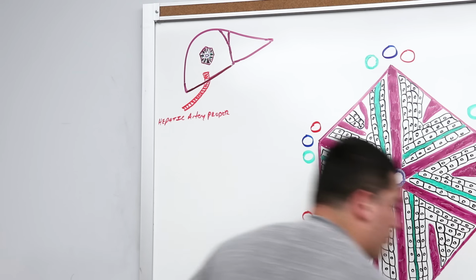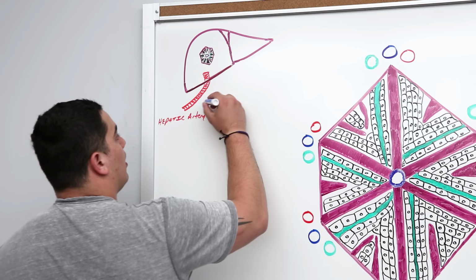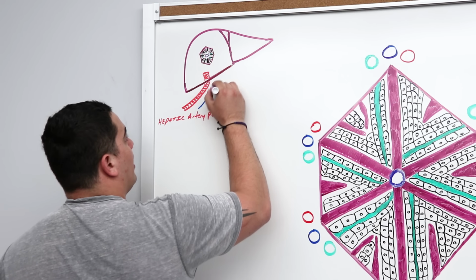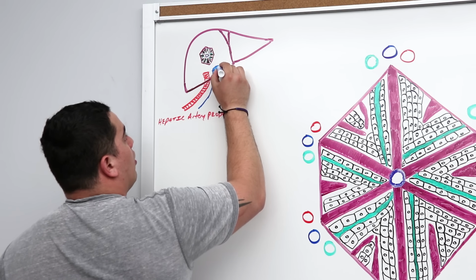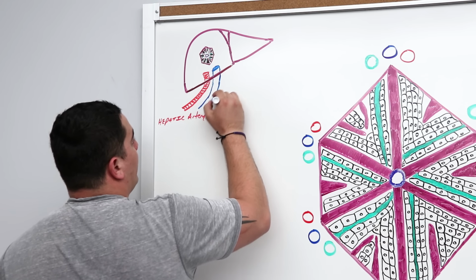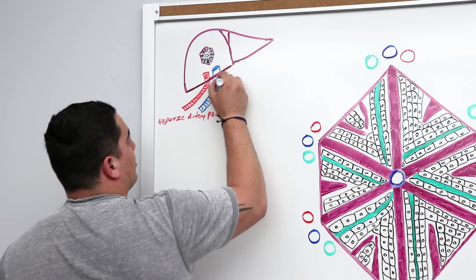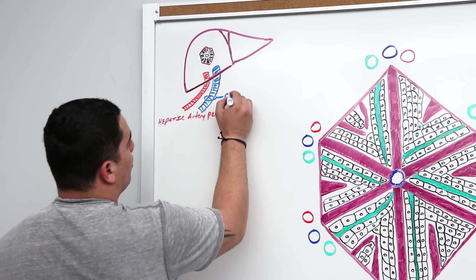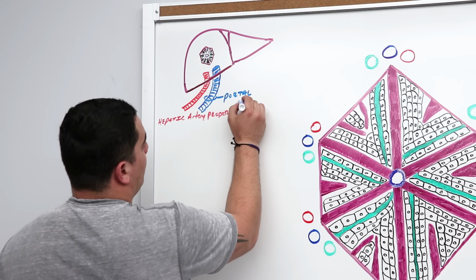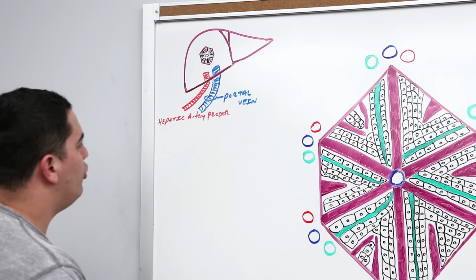And that one was really important because it supplies 75% of the blood flow to the liver. That was coming from your gastrointestinal tract, and this one was called your portal vein. The portal vein was bringing blood from a bunch of different structures of your gastrointestinal tract. This is your portal vein, and it's bringing nutrient-rich blood.